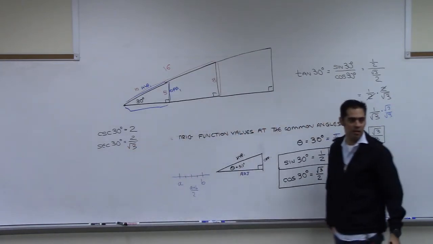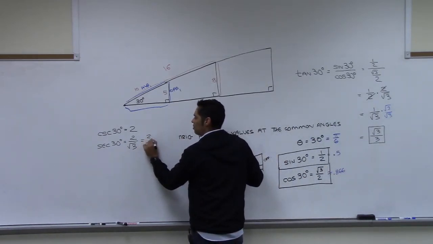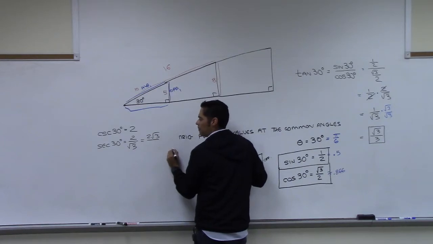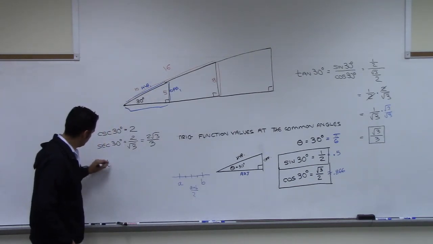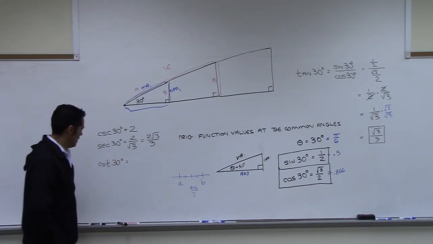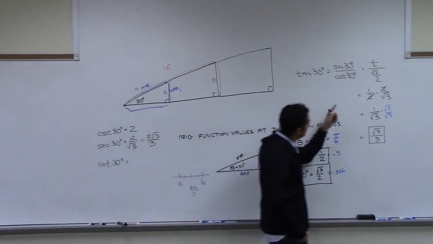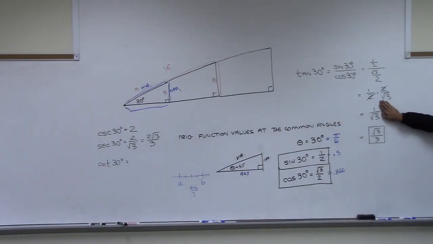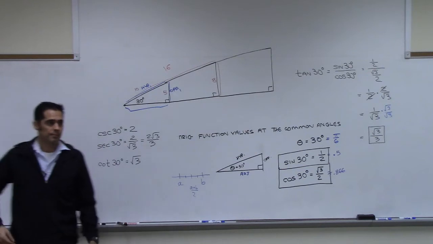But the book is going to rationalize this. So if you multiply the top and bottom of this by root 3, you'll get 2 root 3 over 3. And finally, cotangent of 30 degrees, which would be the reciprocal of tangent, wouldn't it? I'm going to come back over here to tangent. What's the reciprocal of that right there? Just root 3. Okay, we good?